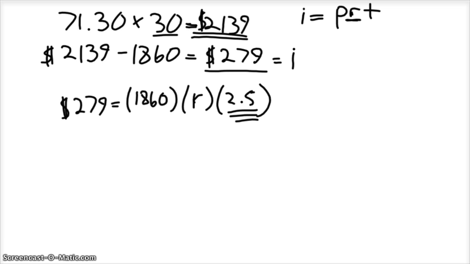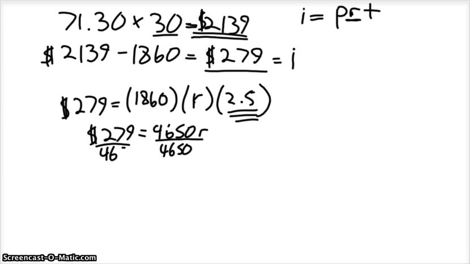Now we just do some simple algebra. We get 279 equals 4650R. Divide both by 4650, and we get a very small number.